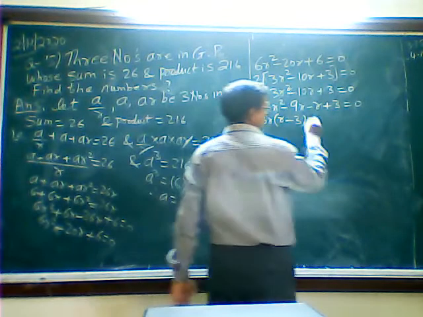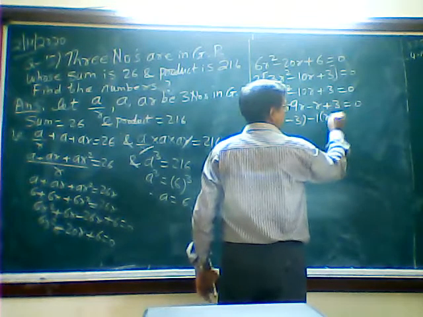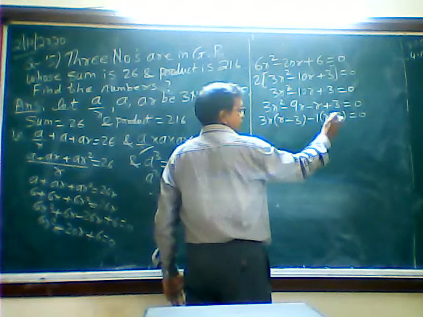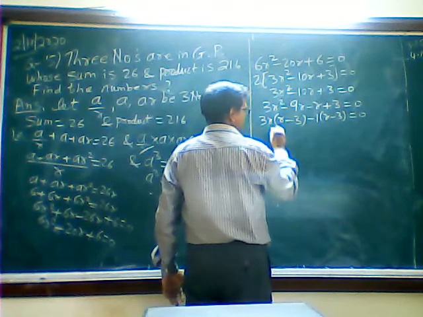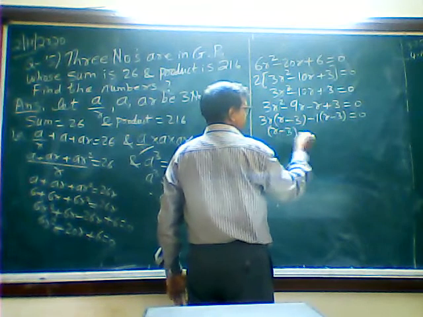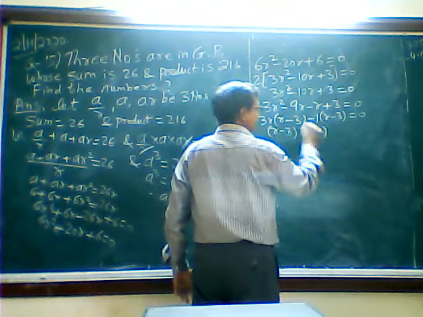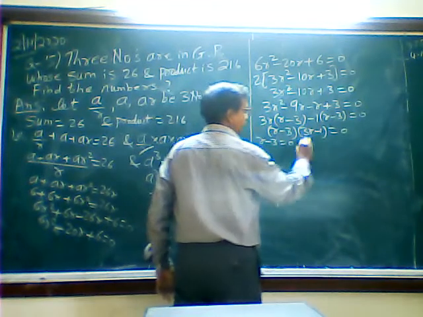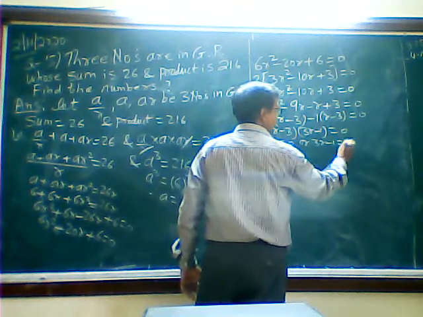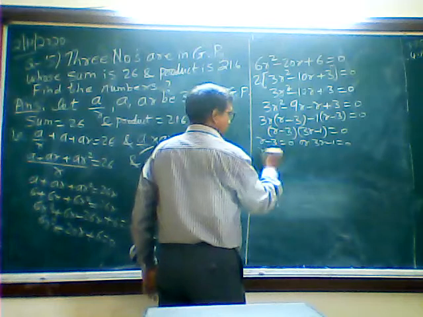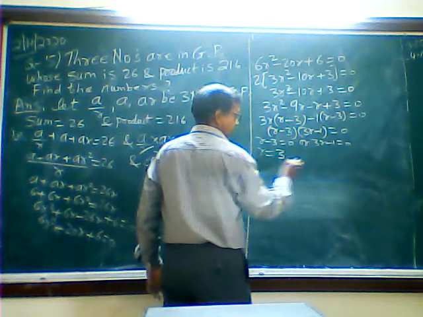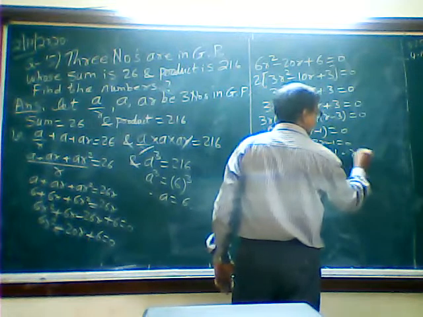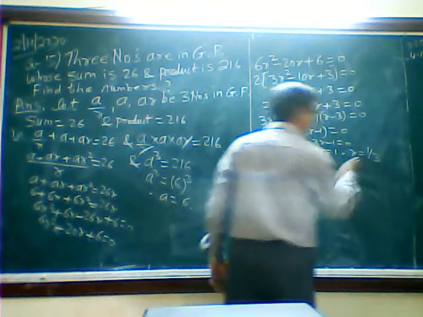I will take 1 common here: minus 1 into R is minus R, minus 1 into minus 3 is plus 3. So I have got R minus 3 and 3 minus R. So R minus 3 is equal to 0, or 3R minus 1 is equal to 0. R is equal to 3, or 3R is equal to 1. Therefore R is 1 by 3.